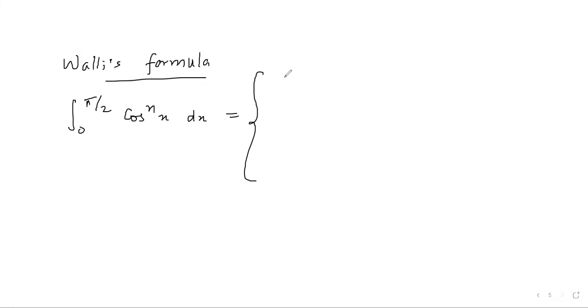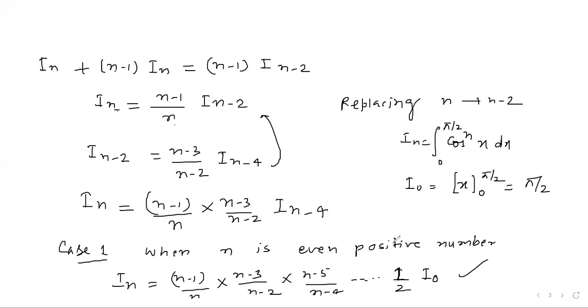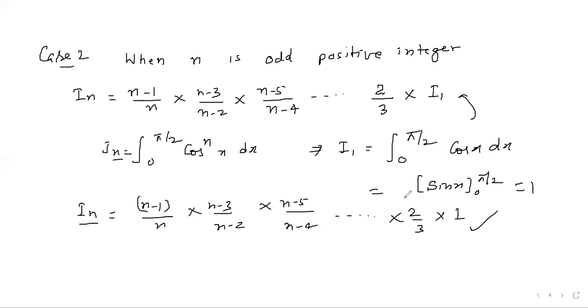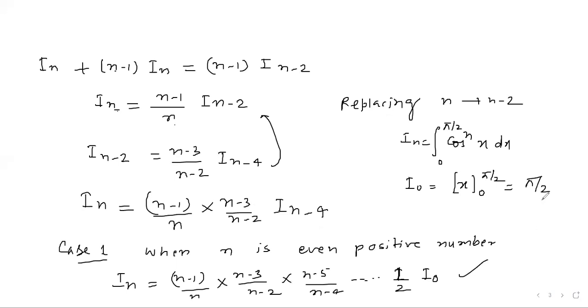So we can say (n minus 1) upon n into (n minus 3) upon (n minus 2) into dot dot dot, and the last term, till 1 by 2. So 1 by 2 times pi by 2.